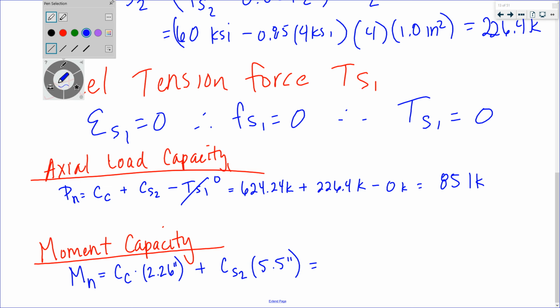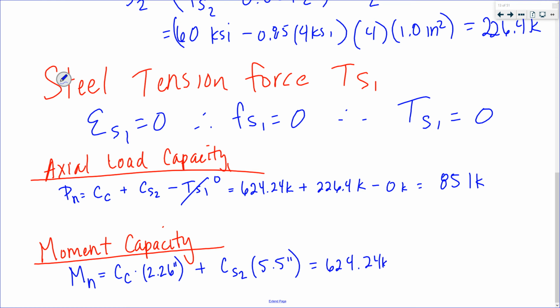Let's see, 624.24 kips times 2.26 inches plus 226.4 kips times 5.5 inches.